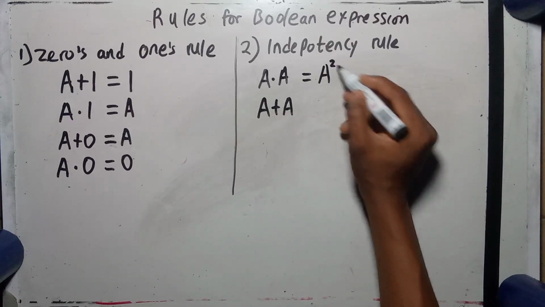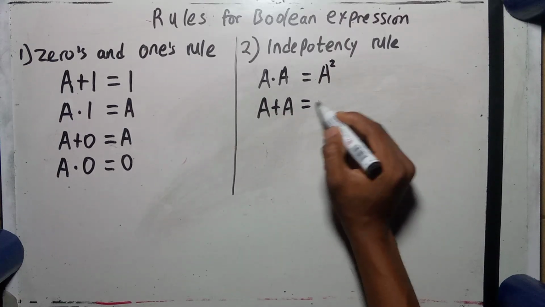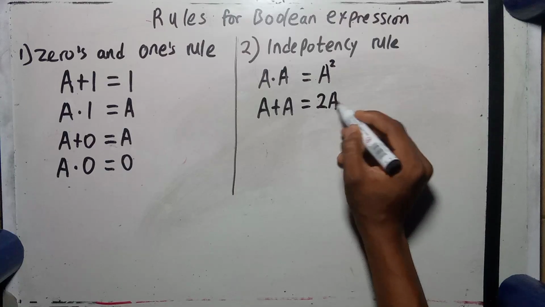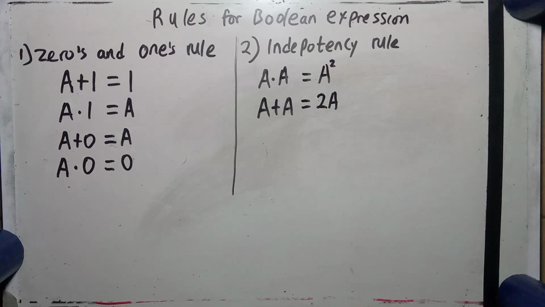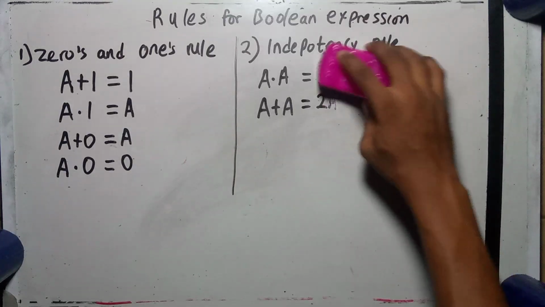A square. And if it's normal algebra, this one will give us what? 2A. But in Boolean expression it is not so. There is no square, and the only number that we are expected to be seeing is 1. So 2 or square is not used.